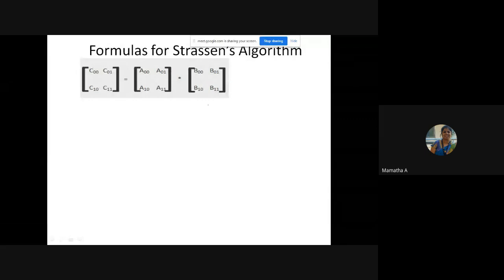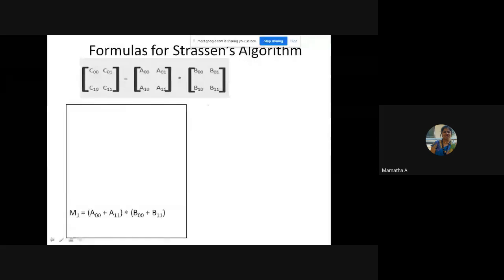Okay, let me now give you the formula for M1. So what is the formula for M1? M1 is nothing but A00 plus A11 into B00 plus B11.